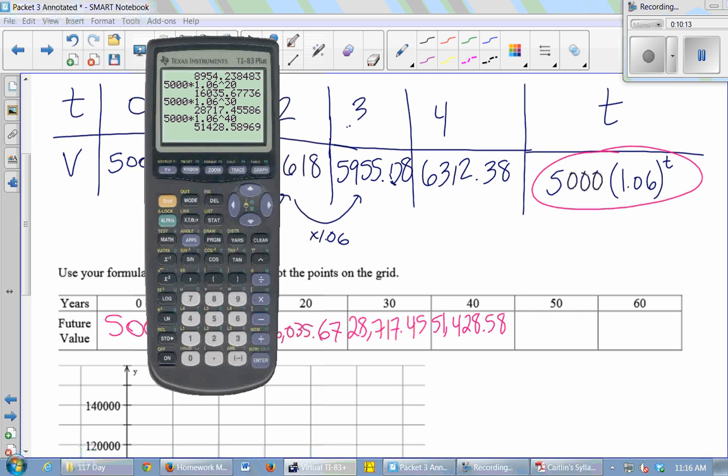And 50 years, $92,000. And 60 years, $164,938 and 45 cents.